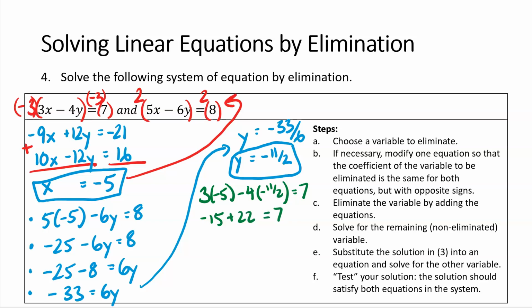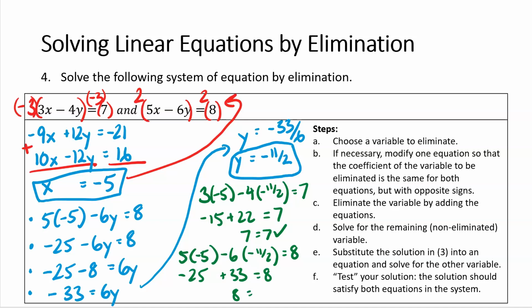Negative 15 plus 22 does equal 7. So that looks good. For the second equation, 5 times x minus 6 times y, does that equal 8? So negative 25 plus 33, does that equal 8? Yes, it does. So our solution of x equals negative 5, y equals negative 11 over 2 is correct.